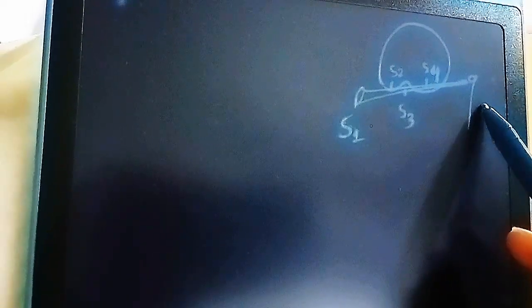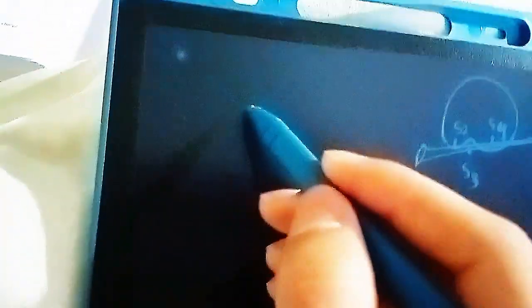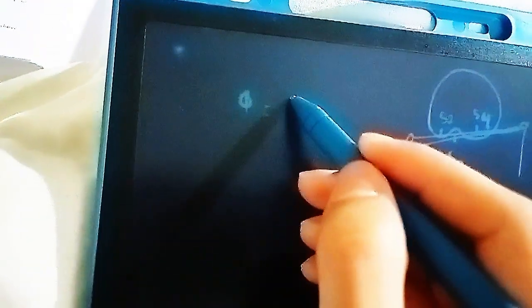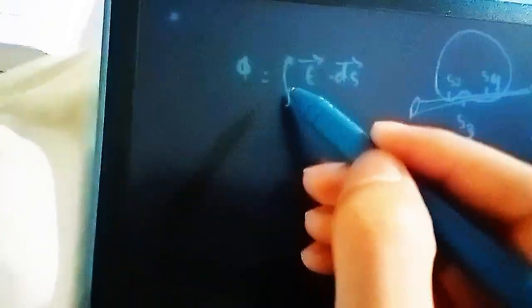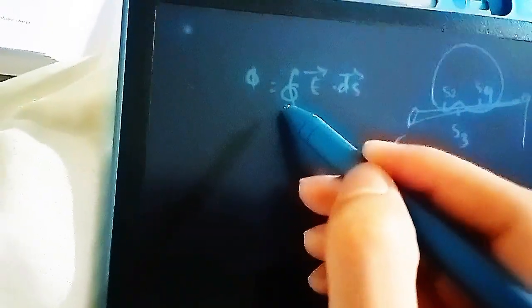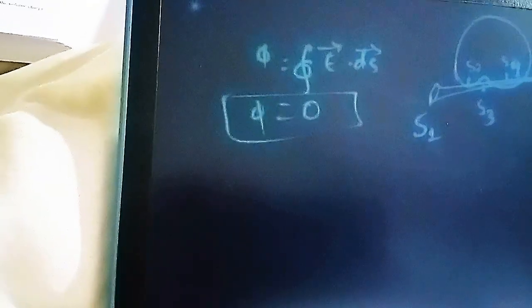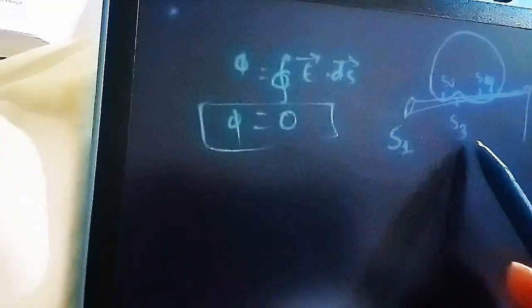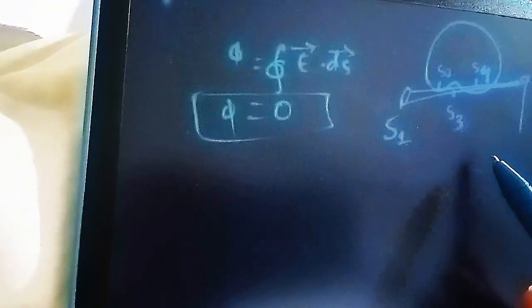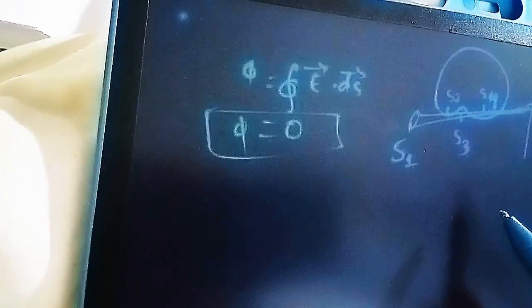We already know that the flux phi is equal to the integration of E vector dot ds, which here is equal to 0. For the normal component of surface area at S1 and S3, the normals are away from the charge.